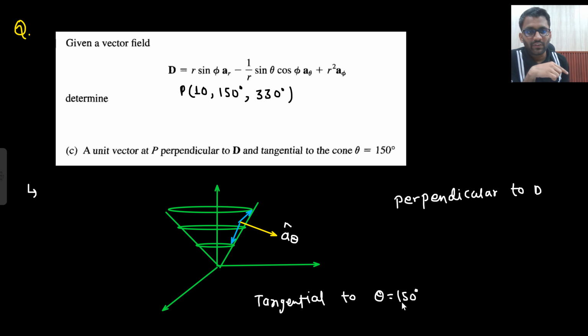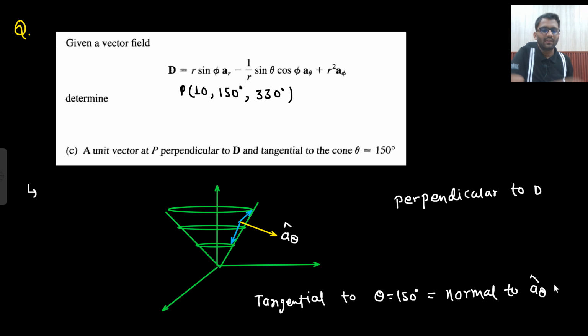Are you getting this point or not? Did you understand this point? This is a cone. Perpendicular component is a theta cap. Now you are saying that my vector is tangential to the cone. That means it has to be perpendicular to a theta cap.